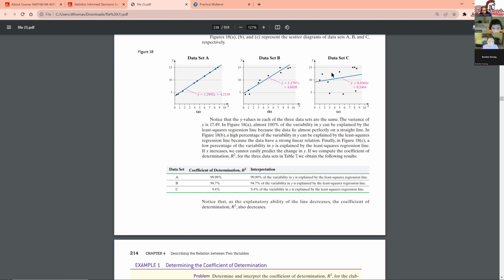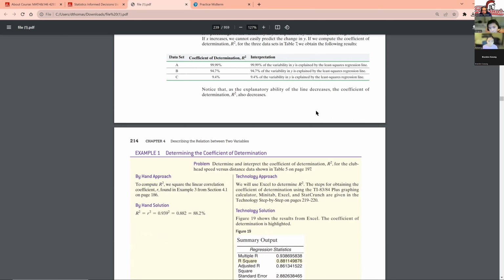But if you look at C, yes, we have the linear regression line, but the R squared is so low. If you take the square root of that value, you'll have the correlation coefficient, and that's going to be kind of weak as well, under 0.5.